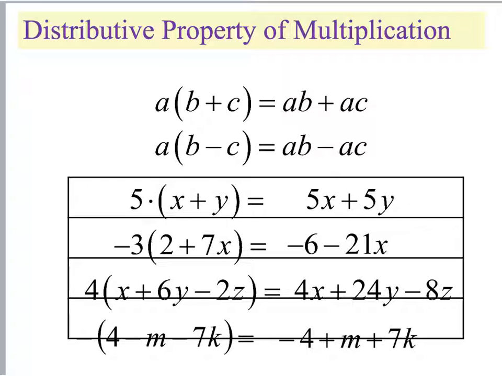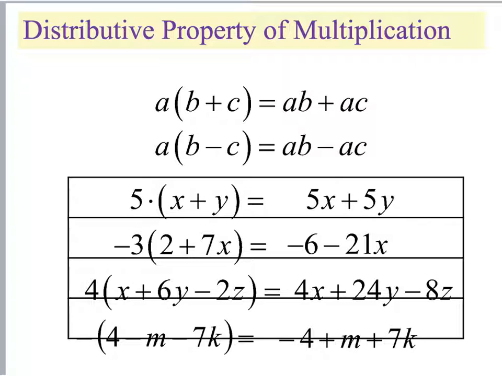Same thing with our next one, a times b minus c is going to distribute to ab minus ac. If we continue to look down at the other examples, 5 times x plus y is going to give us 5x plus 5y. That one's fairly straightforward.